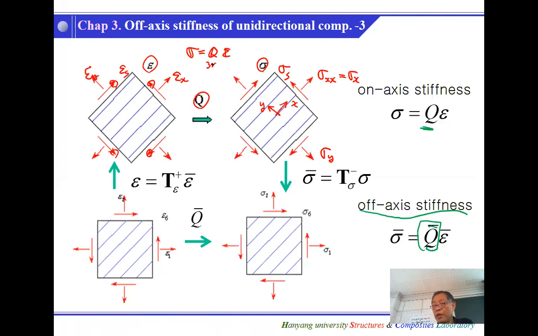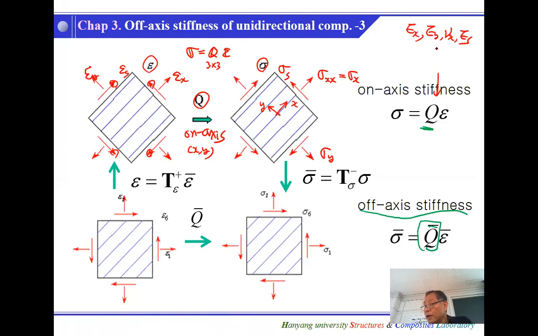Now we have a 3 by 3 on-axis stiffness. Okay, this is the on-axis, the XY coordinate. And how do we get Q? We always start with the engineering constants, EX, EY, mu X, and ES. They are from a material database in your Excel.